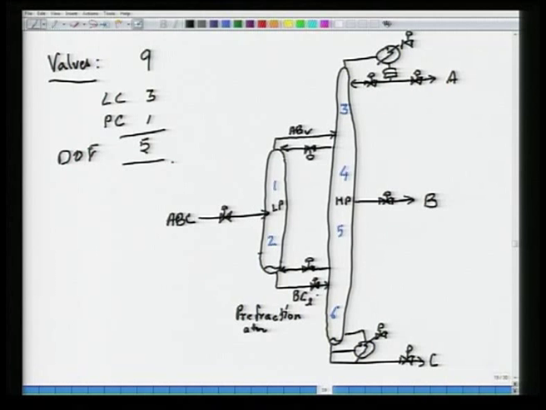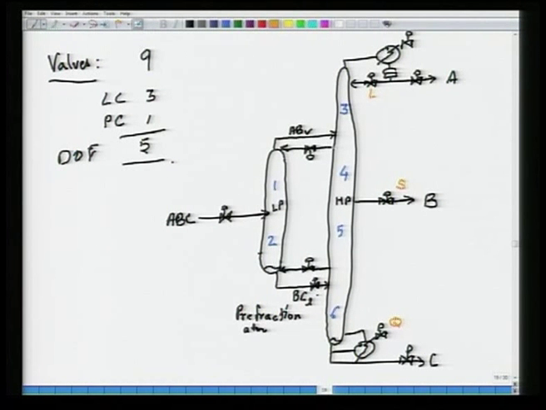What are those 5 degrees of freedom? Well, how much reflux I am putting in, how much side draw I am drawing off, 2, how much reboiler steam, how much steam I am putting in the reboiler, 3, how much liquid side draw I am, well, what is it? This is not really a side draw stream. So, what should I call this stream?